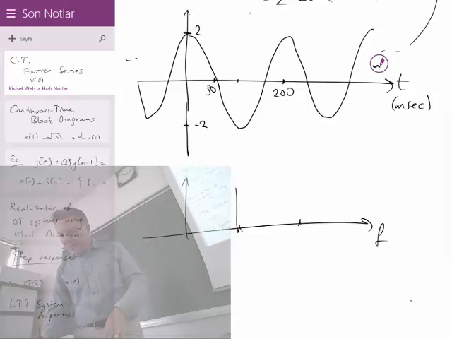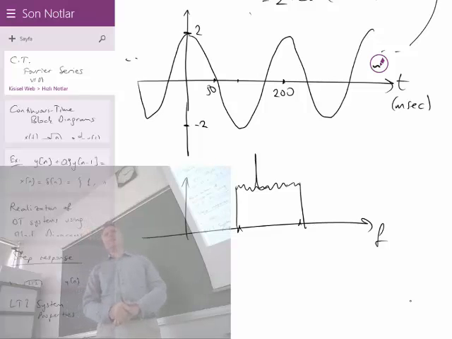between two frequencies. Usually it's like this, the Fourier transform. But sometimes they observe something like this. Now what is that? What does that mean?